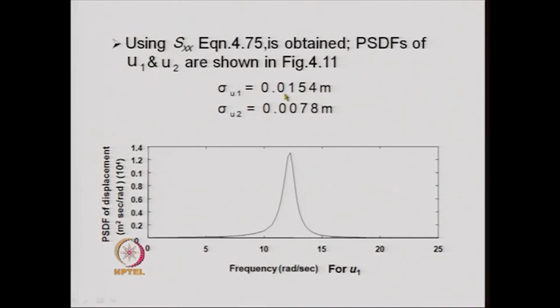So, the root mean square value of u1 is 0.0154 and the root mean square value of the displacement u2 is 0.0078.